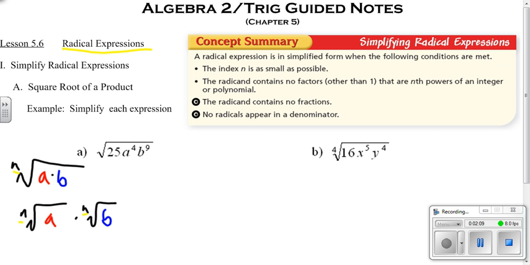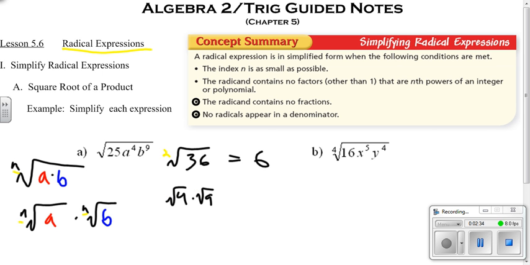A way we can show that, or at least give an example, is if we have the square root of 36, which we know is just 6. 36 is the same as 4 times 9. So we broke it down into radicals with still the index of 2, which is implied there.